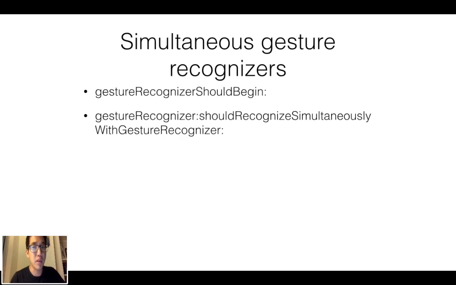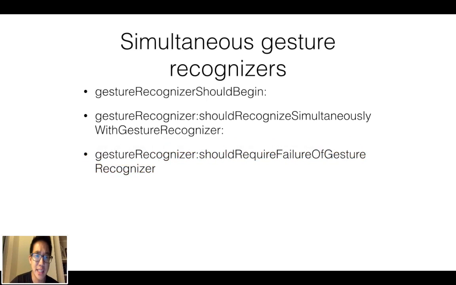For example, a common thing that you might do is that the table view itself is actually implemented using a pan gesture recognizer under the hood, right? And so sometimes you want to be able to do things with it too, and have those scrolling work simultaneously. So the table view, which is a subclass of scroll view, will actually give you access to the gesture recognizer under the hood. So you can say, hey, you should play well with that one.